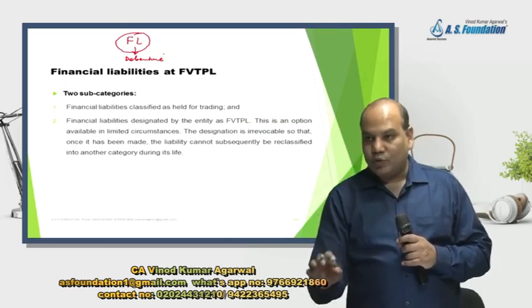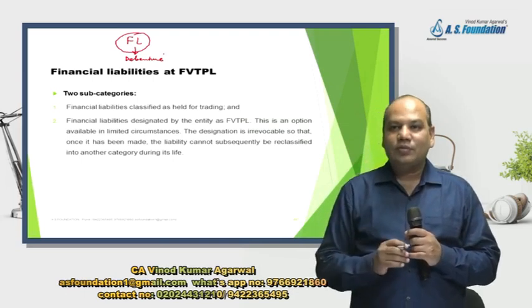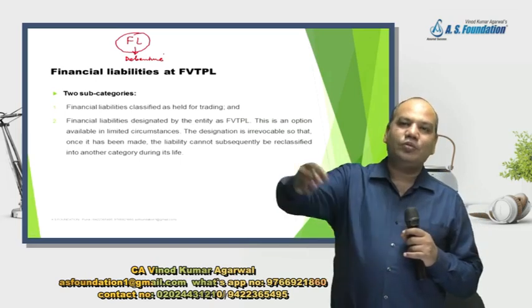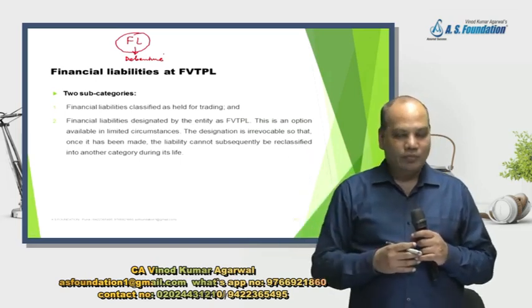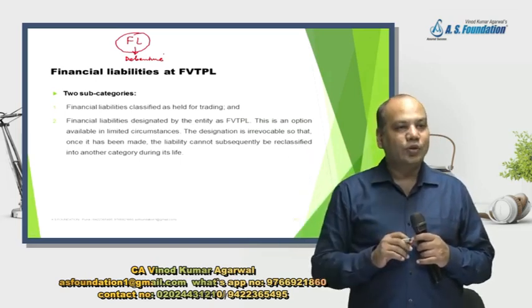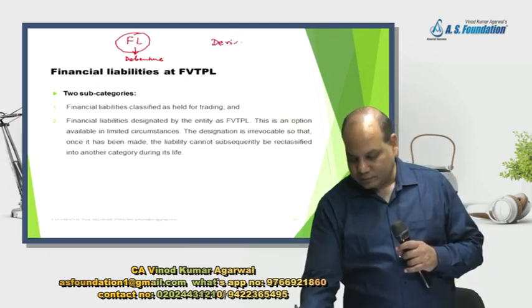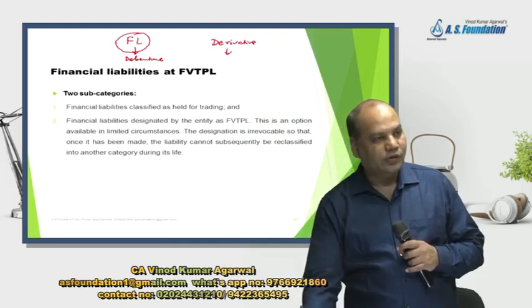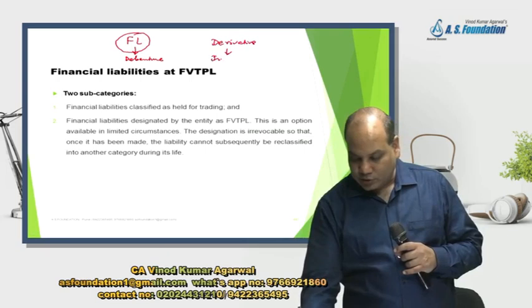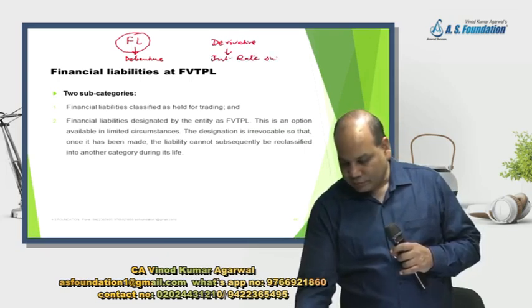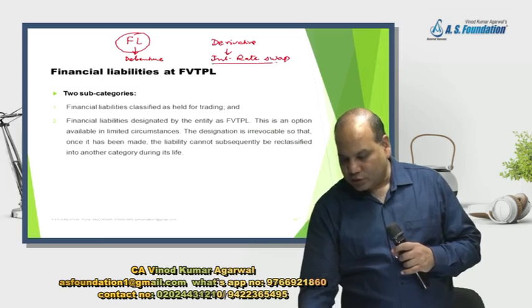Or if it is a floating rate instrument, if the market rate of interest goes up, you have to pay more interest. So to protect yourself, you can use a derivative. The derivative usually used for hedging such risk is the interest rate swap, which I am going to discuss later. That means you can use an interest rate swap.